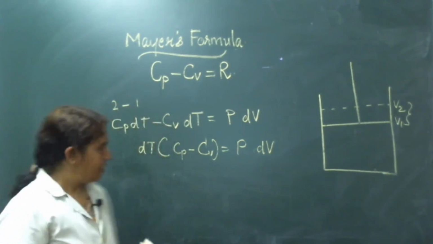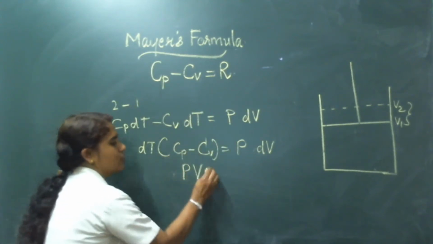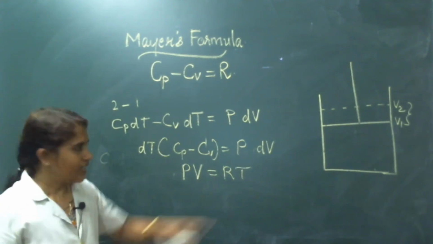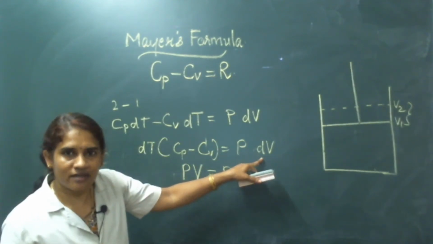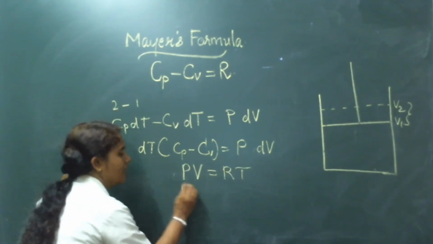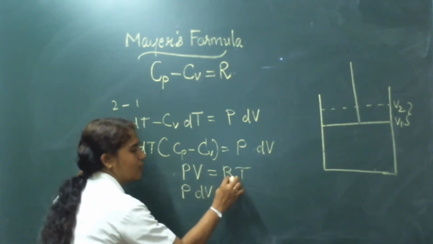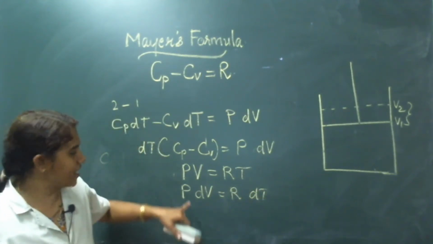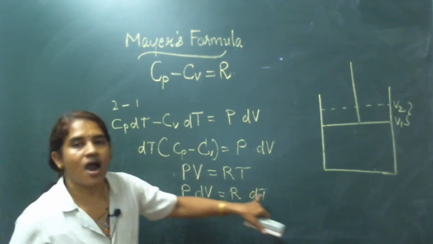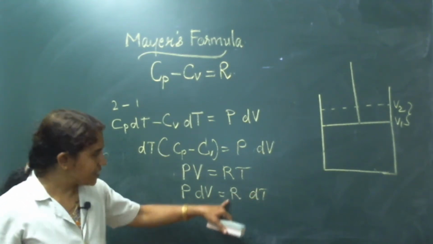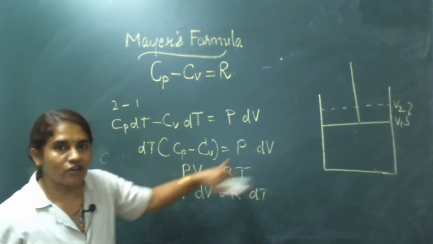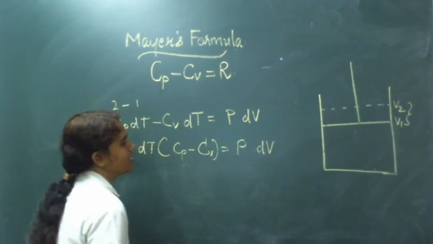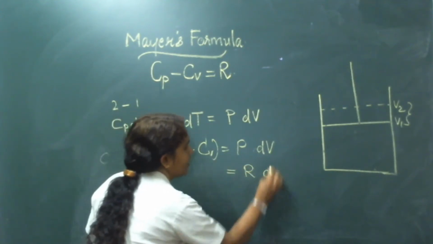Since this is a gas, let us use our gas equation also. PV is equal to RT. By taking the derivative here, P into change in volume is equal to R, the universal constant, into change in temperature. So, by differentiating, P dV is equal to R dt. We can substitute that here: instead of P dV, we write R dt.